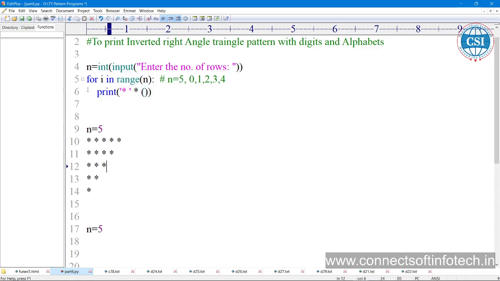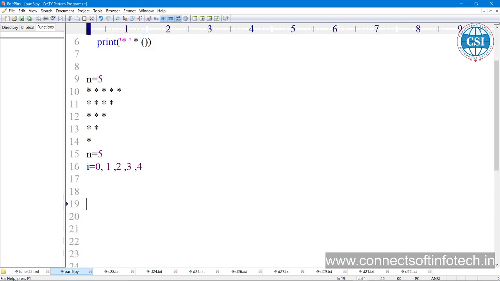See this logic first. When n is equal to 5, the possible values for i are 0, 1, 2, 3, 4. These are the 5 possible values.